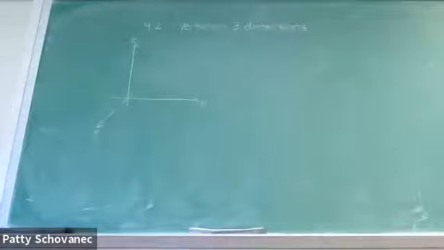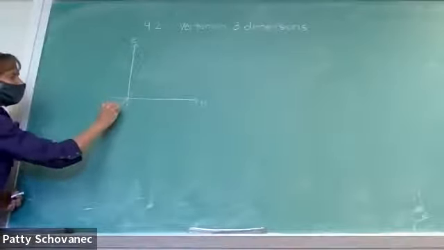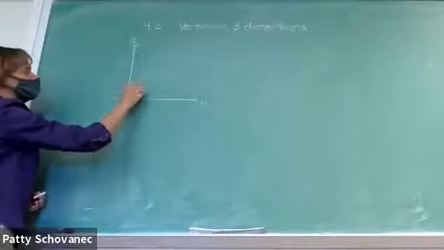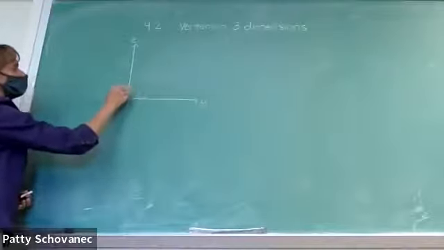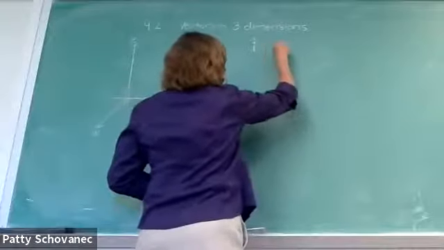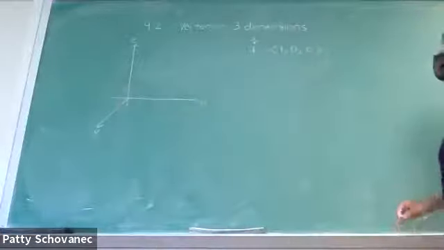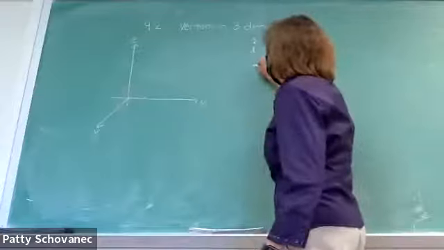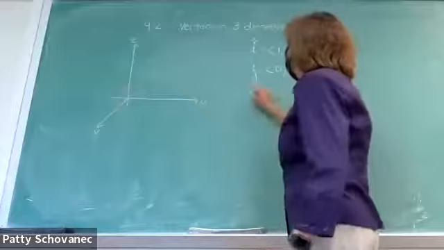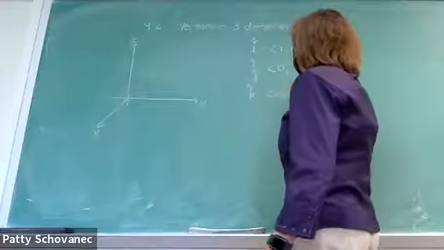So our vectors in 3 dimensions can be written in terms of the unit basis vectors i, j, and k, where the vector i is the vector that has a 1 in the x position, but 0 elsewhere. j has the 1 in the y direction, but 0 elsewhere. And k looks like 0, 0, 1.